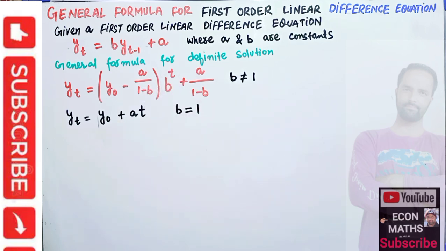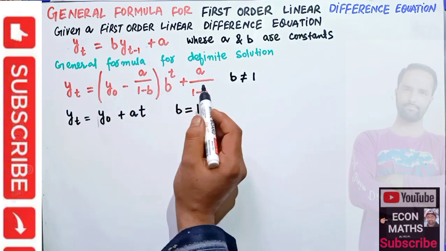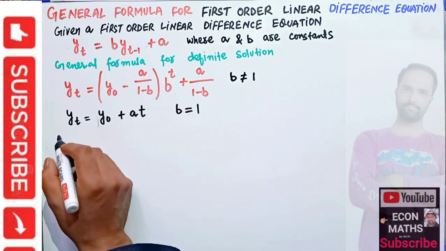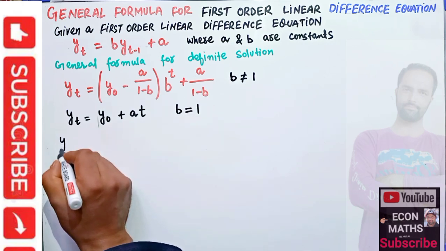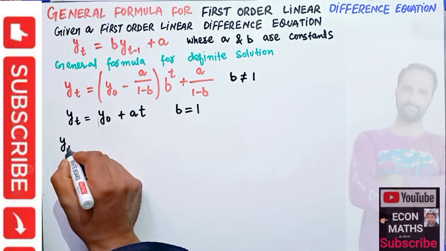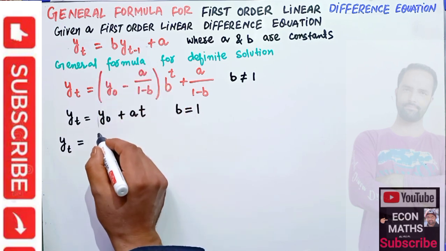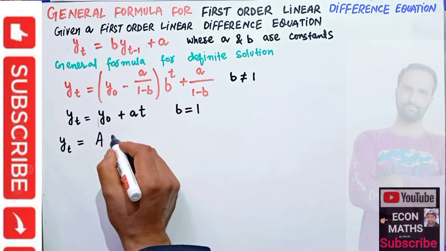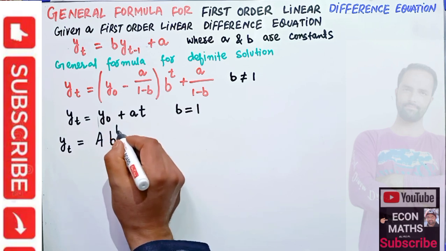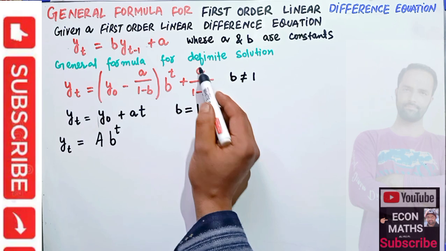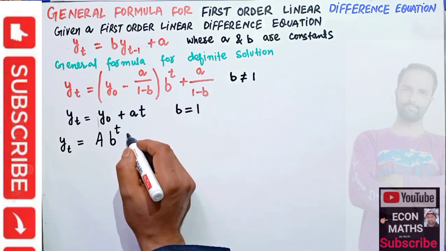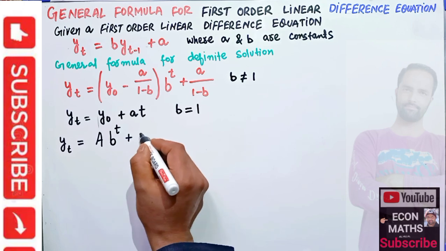When no initial condition is given, we write this as y_t is equal to an arbitrary constant A times b raised to the power t, and in place of a upon 1 minus b, let us denote it by c, plus c.